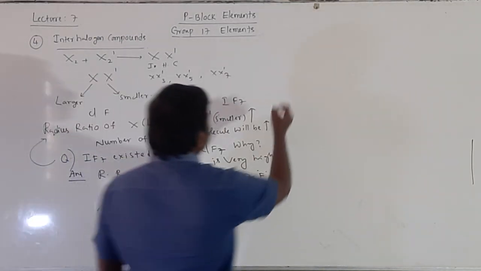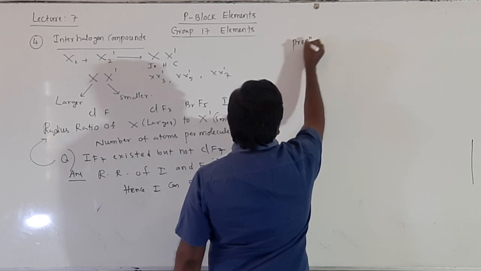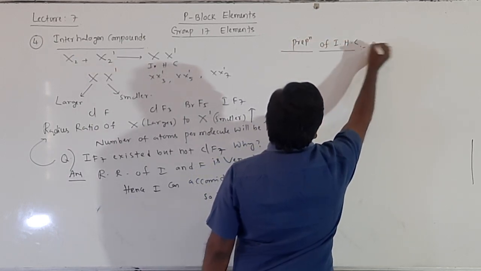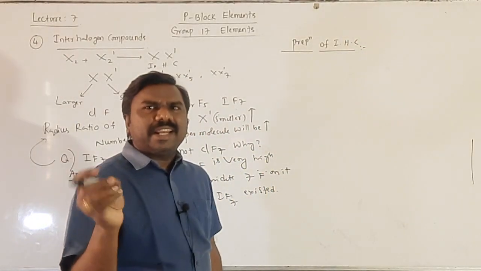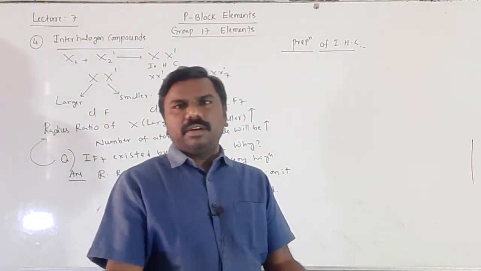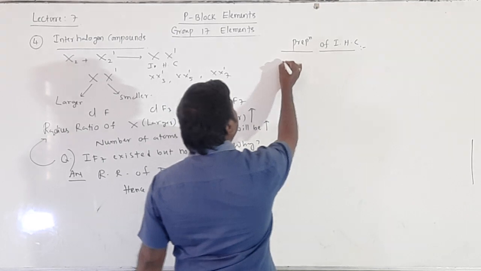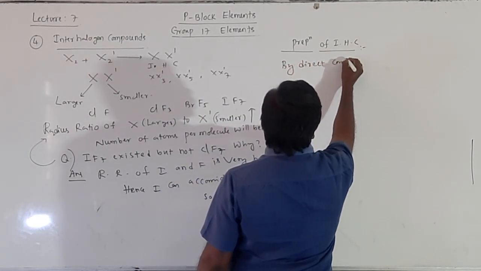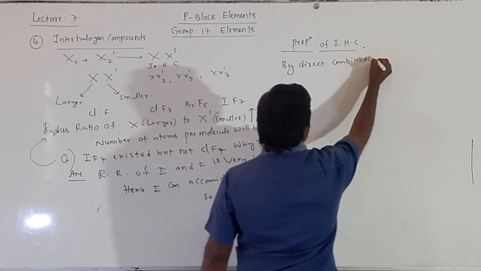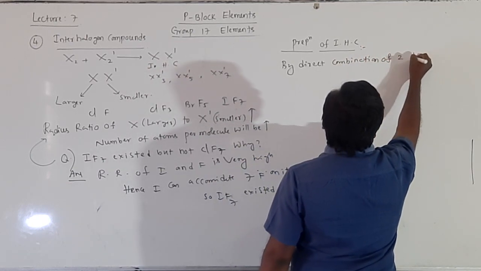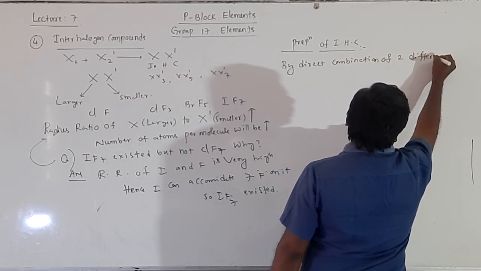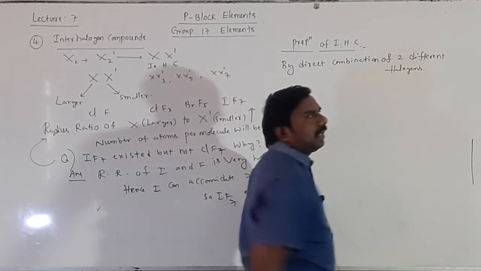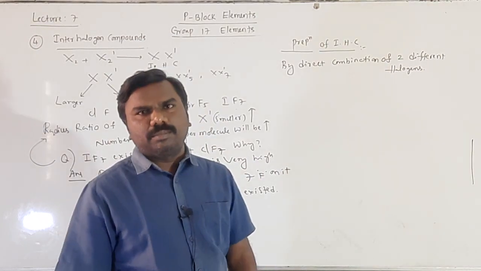How to prepare? Preparation of interhalogen compounds. By direct combination of two different halogens, we get interhalogen compounds.